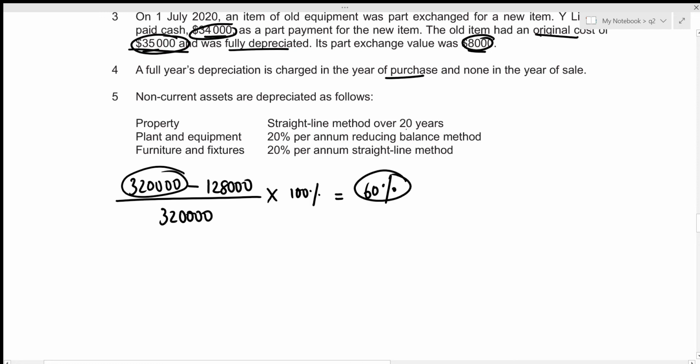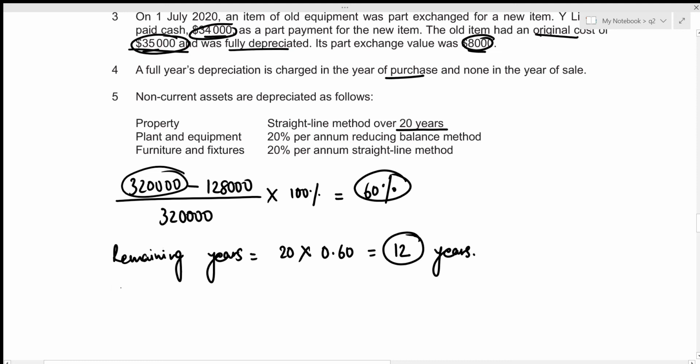So it means that for 20 years, we still have 60% of these years remaining. So let's figure out the actual remaining years. That's just 60% of 20 years, right? So that's 20 times 60%, which you can write down as 0.60. And this gives the remaining years to be 12. So we need to charge depreciation for 12 years now.